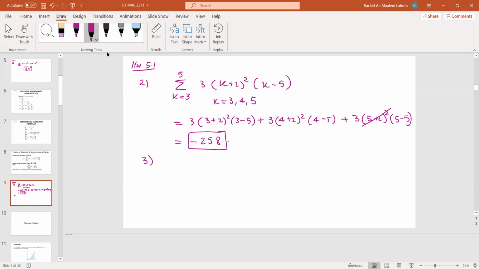Let's say this one, find the sum for n from 0 to infinity of 2 times 0.75^n.